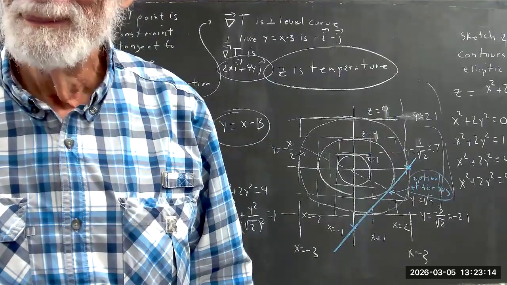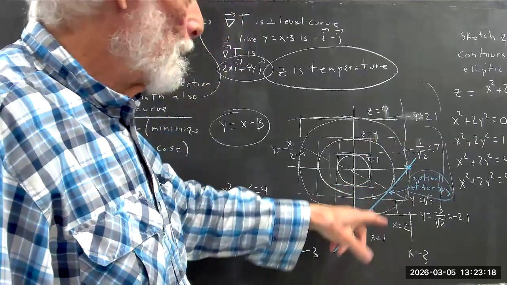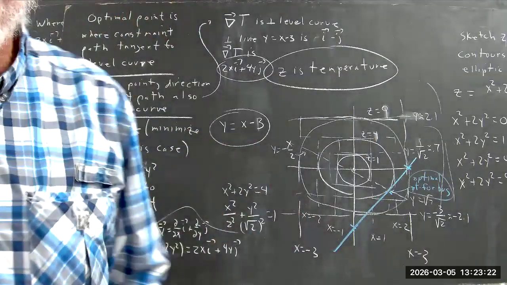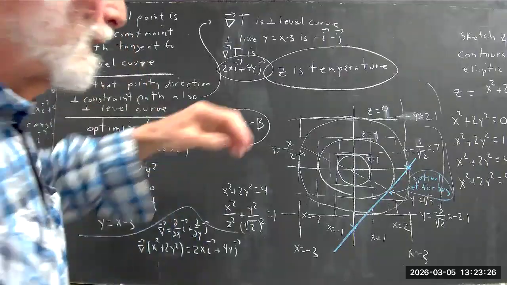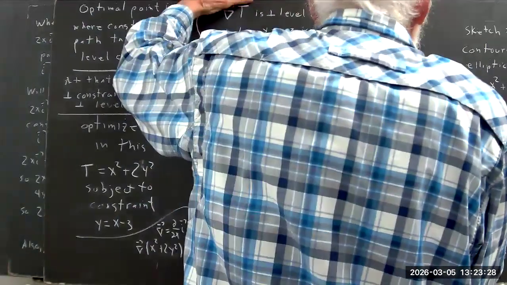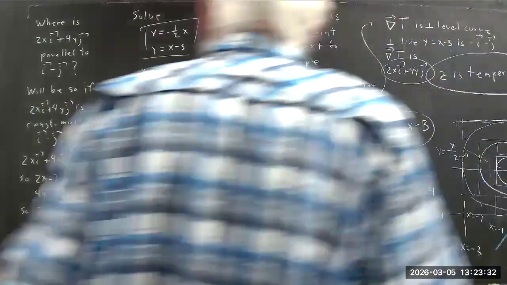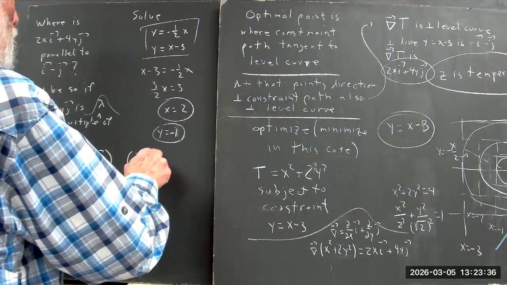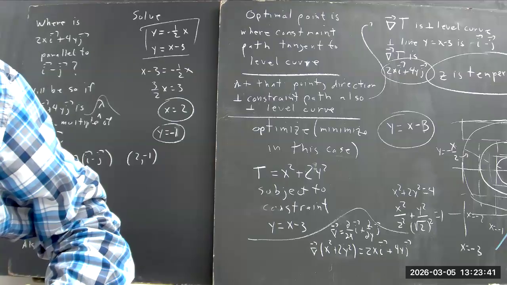But probably not at the point that's indicated, which is on the curve where z equals 4. So I'm going to say this is not really on that curve z equals negative 4. Oh, dang. It is on the curve z equals negative 4.